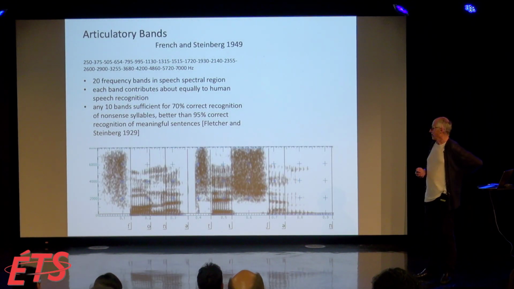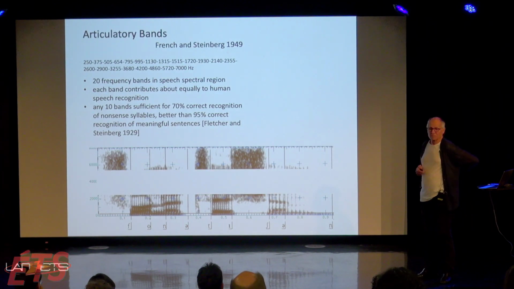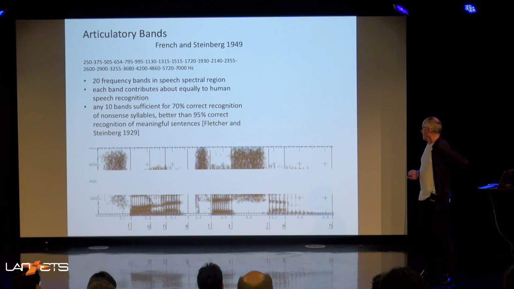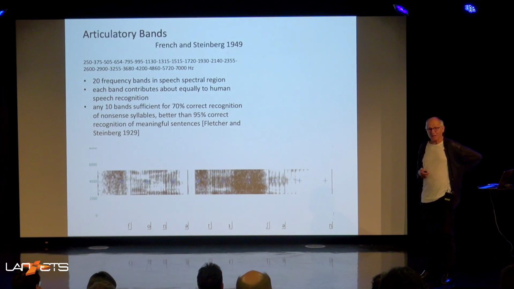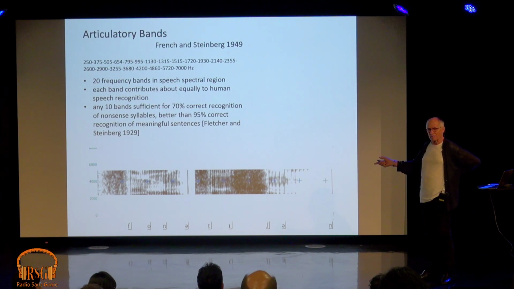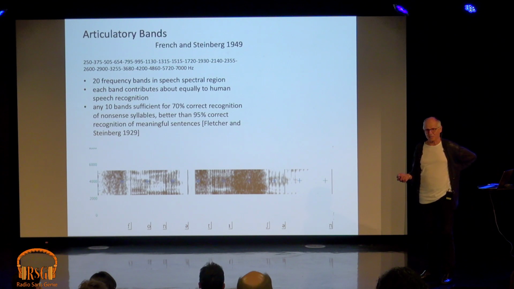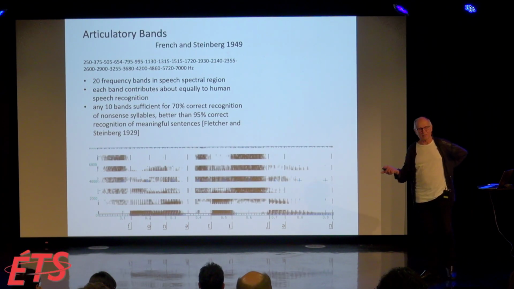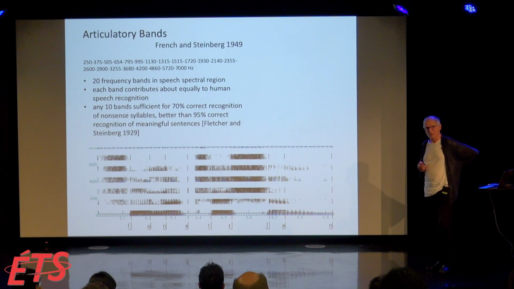So here it is. We start with the spectrogram, and you can cut off a center frequency. You get 70% accuracy in recognition of phonemes. But you can also keep exactly the one which you cut out and cut out what you had before, and you again get 70%. And if you cut every second one, again, you get 70% recognition accuracy of the syllables, enough to recognize speech.